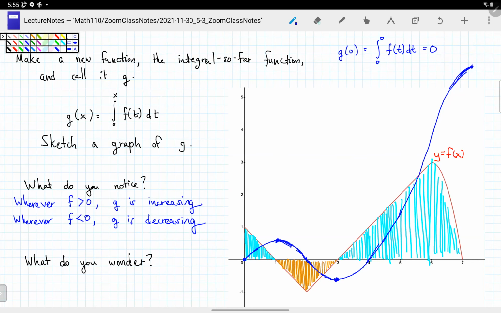So wherever f switched from positive to negative, g had a local maximum.